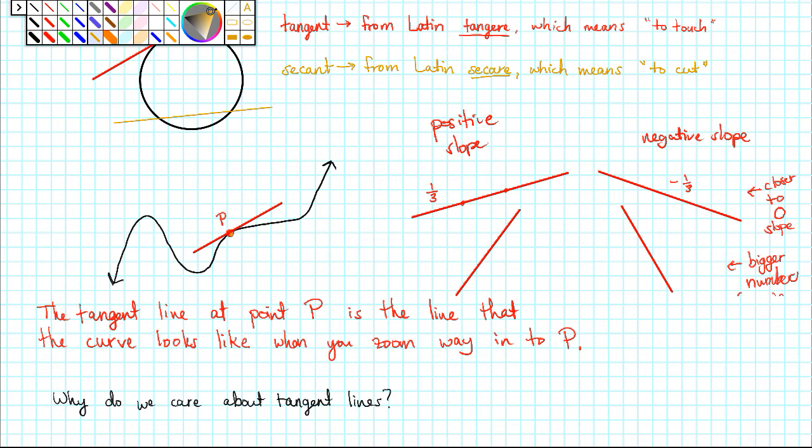So a lot of times we might have 2 points here, and then a secant line would be a line that goes through 2 points on the curve, like that.